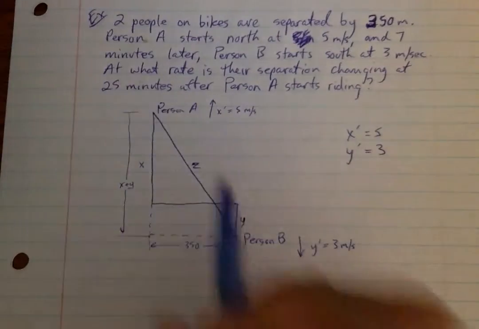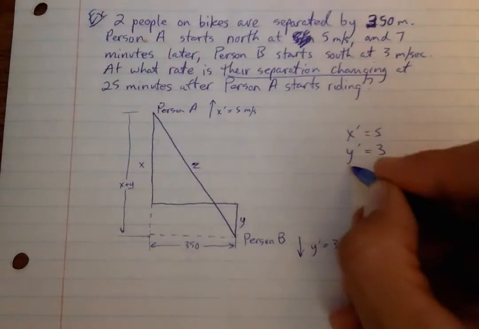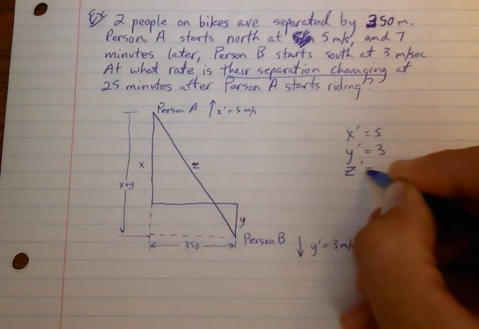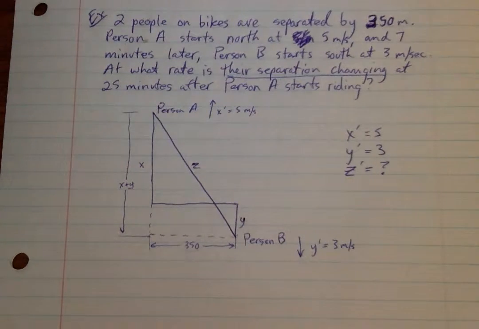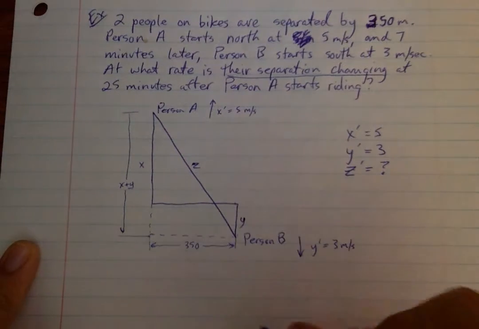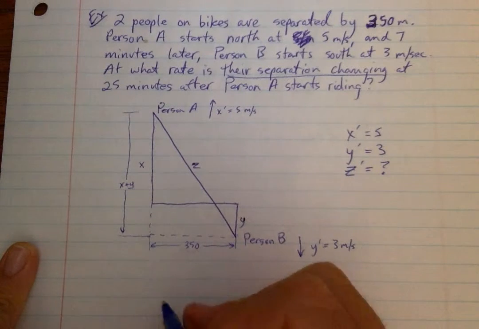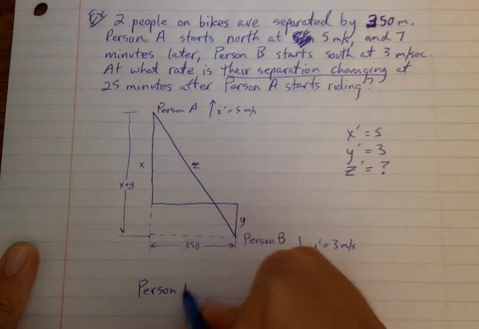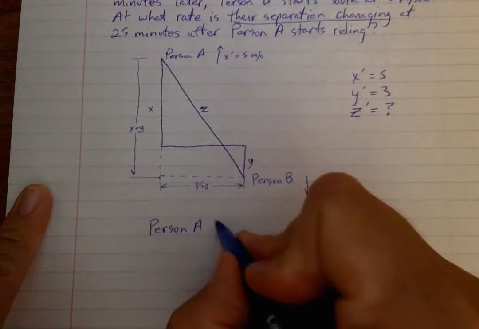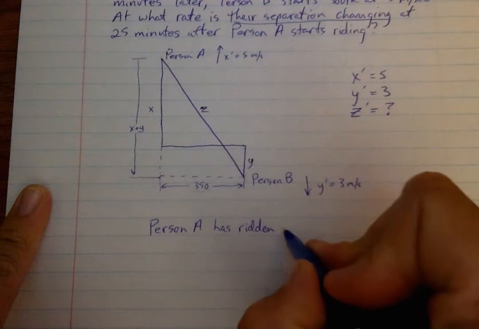We are after the rate at which their separation is changing. Z prime. That's our question mark. So let's see here. How far has person A gone? Person A has ridden for 25 minutes.